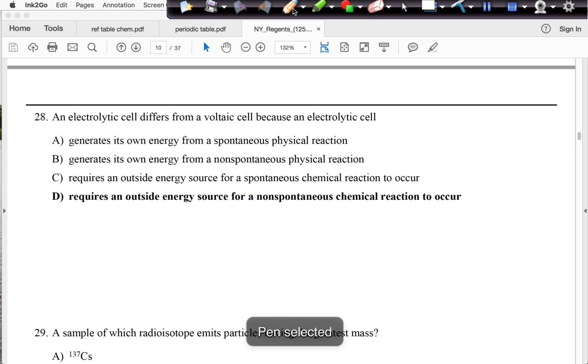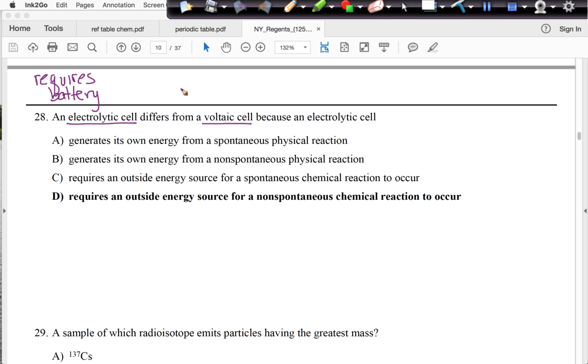For number 28, an electrolytic cell versus a voltaic cell. We know that an electrolytic cell requires a battery, but a voltaic cell is a battery. An electrolytic cell is non-spontaneous, but a voltaic cell is spontaneous.